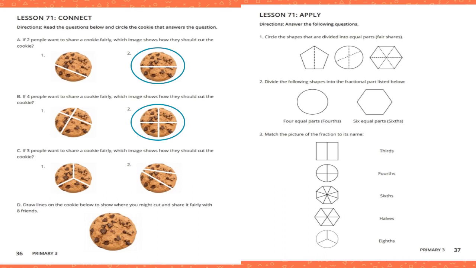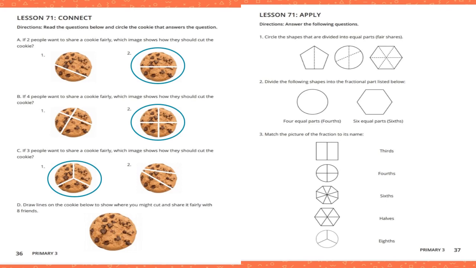Question C. If 3 people want to share a cookie fairly, which image shows how they should cut the cookie? I have 3 people. So this or this? Sure, number 1. Draw lines.